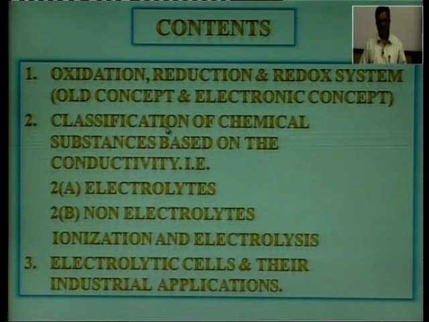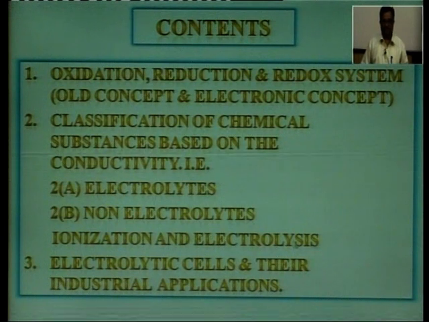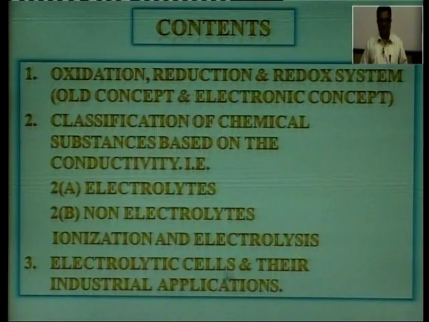After that, we will focus our attention on classifying chemical substances based on conductivity, like electrolytes, non-electrolytes, and the process of ionization and electrolysis, electrolytic cell and their industrial applications.